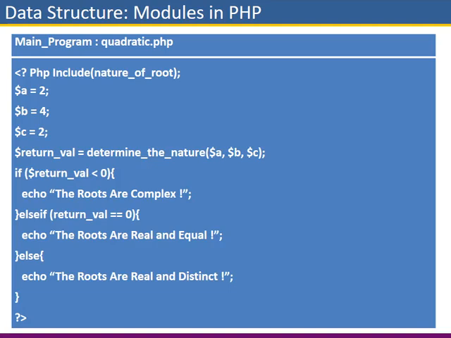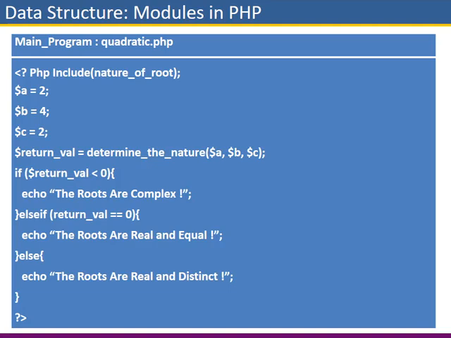But in this one, there will be no dot notation like nature_of_root dot determine the nature. By the time we call the include statement, nature of root, we supply the values for a, b, c, and we return the value from determine the nature.